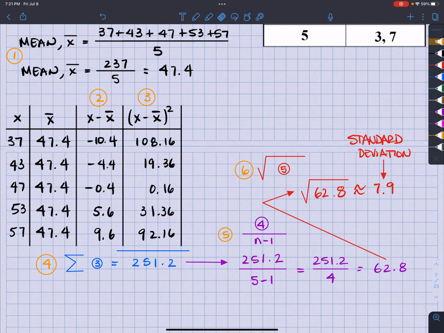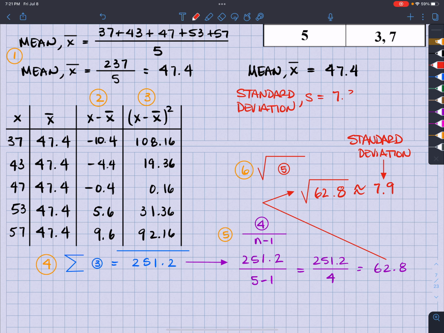In this case, here's my mean: x bar equals 47.4, and my standard deviation is equal to 7.9.